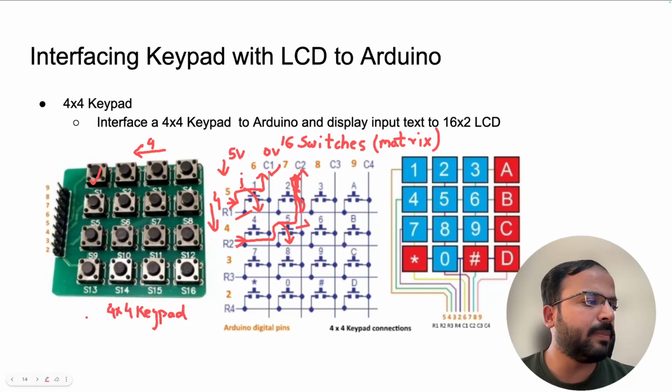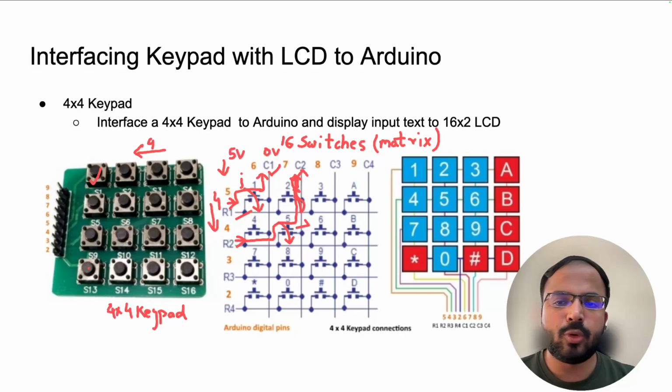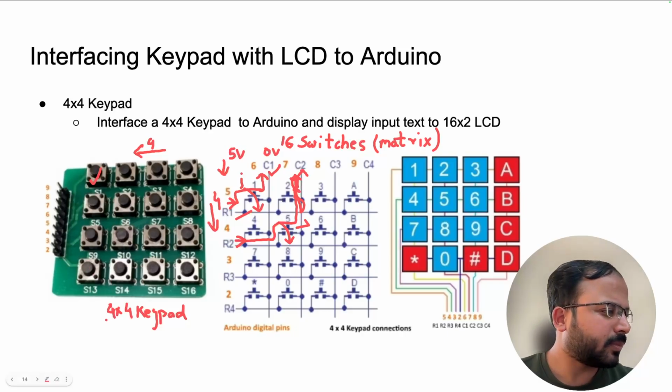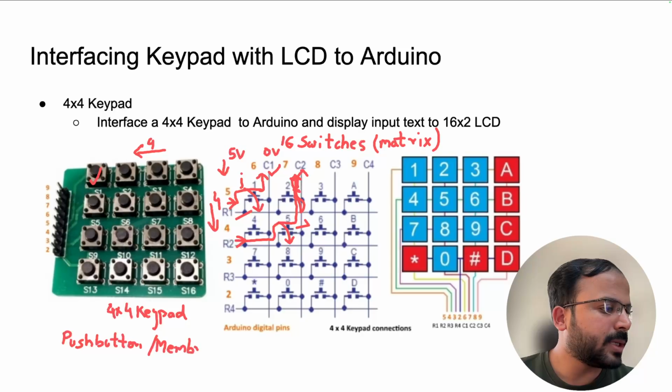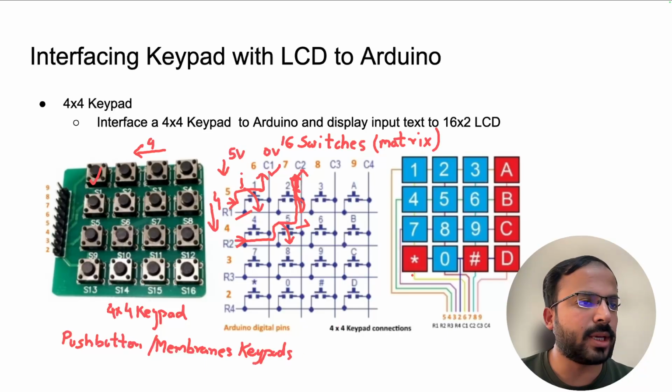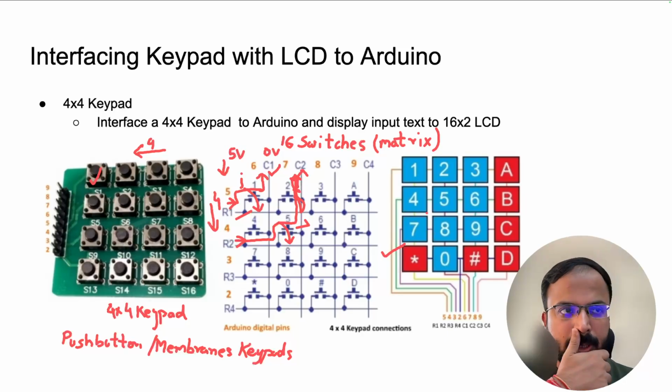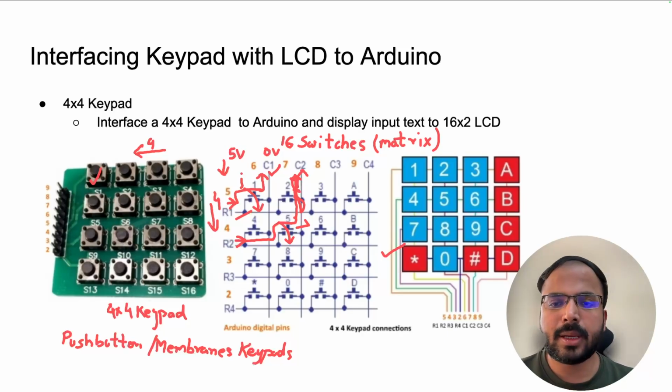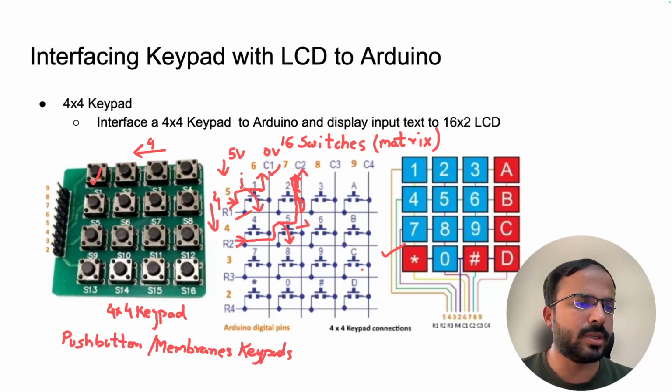Either you can have keypads like this, with these push button switches, or you can have membrane keypads, which actually look like this. You can press the keys, but the functioning remains the same. The circuit should complete to allow the current to flow, and that sensing should happen by the Arduino, and we know what input was pressed.